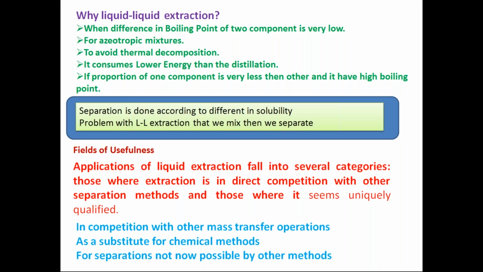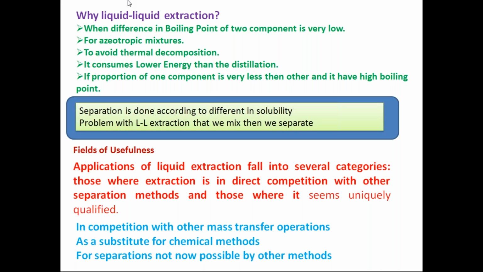If they are very close, then the separation expenditure will be very high. To reduce that, you can do liquid extraction. Azeotropic mixtures mean alpha is equal to 1. For such mixtures also, you can use liquid extraction, and there you can do certain separation.